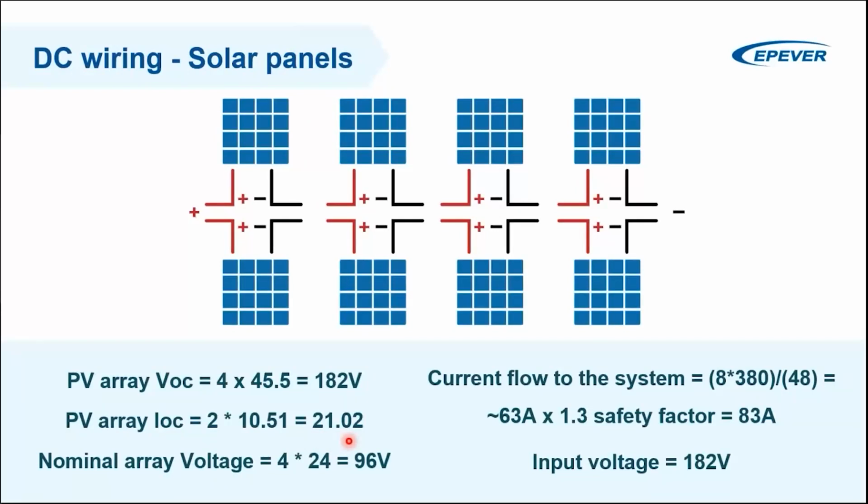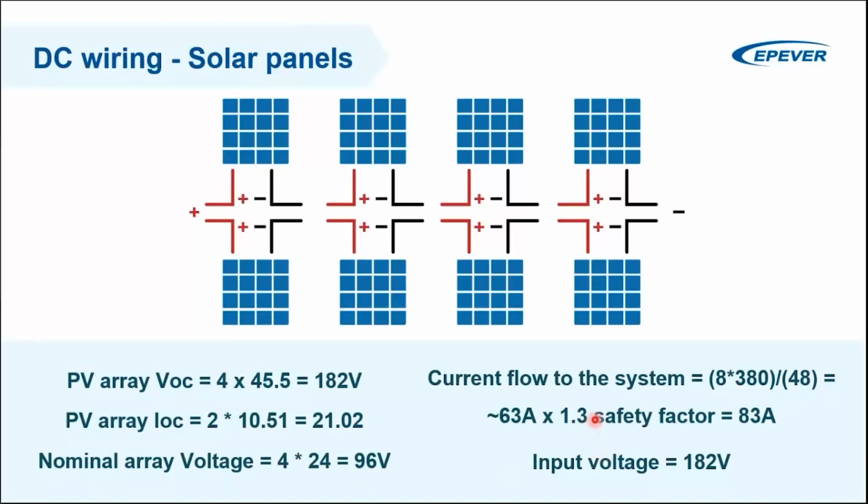In general, I have 8 solar panels with the power of 380 watts each, so I'll have about 3,000 watts of PV array. And the nominal array voltage is going to be something like 96 volts here.